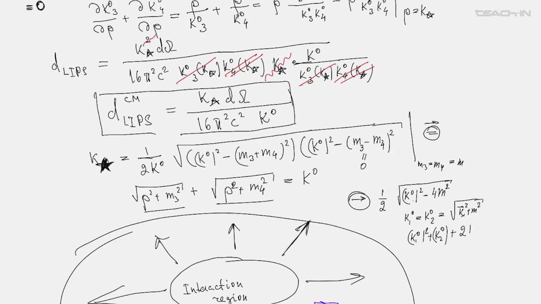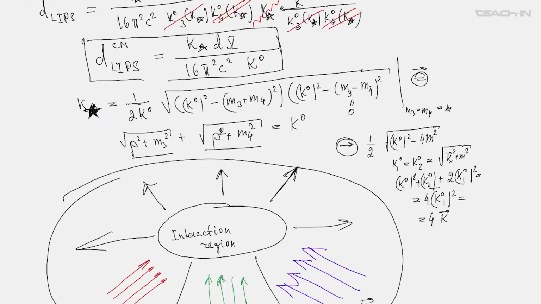So you get 4 times (k squared plus m squared). Therefore, if you plug this expression into this formula, the masses completely cancel out, and you simply get that k star is given by the modulus of k.